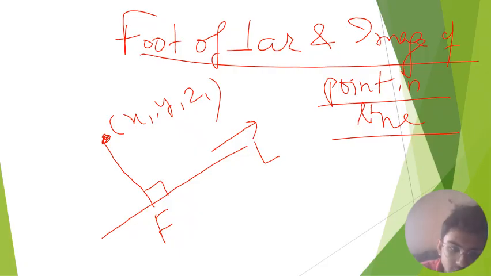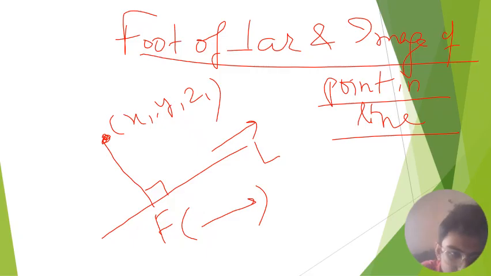You have to make the direction ratios of this particular line and this particular line perpendicular, and then their dot product will be 0. So you can let this particular foot of perpendicular be the general point on a line. You can take a lambda on the line and write the general point on this particular line. That general point will be the foot of perpendicular.